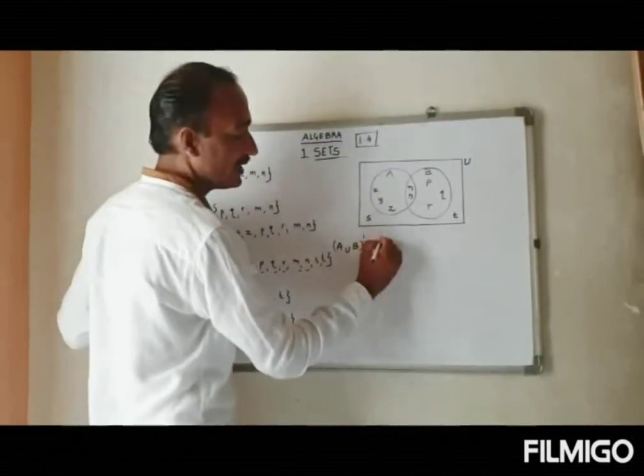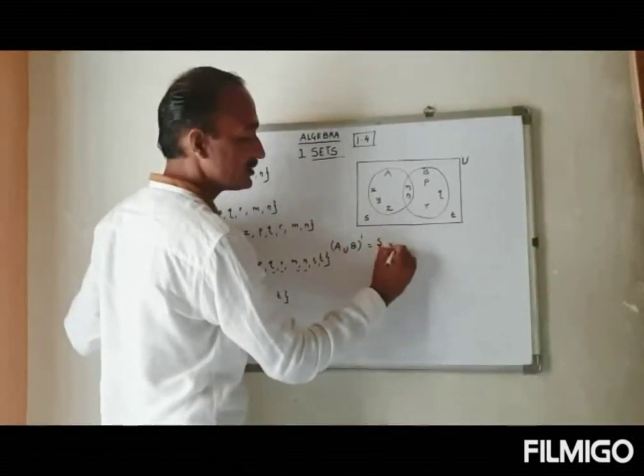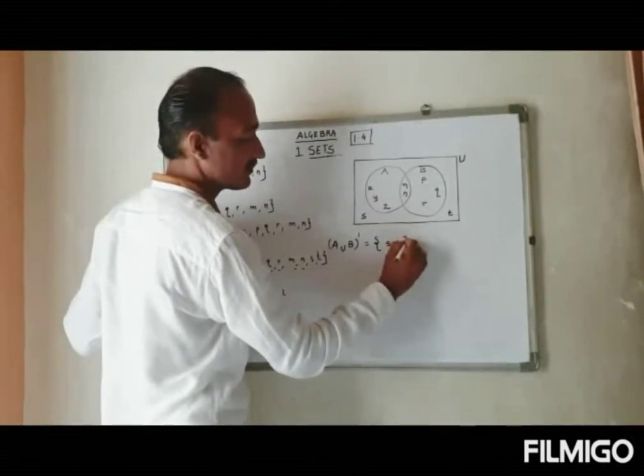S and T. So A union B complement is the set of S and T.